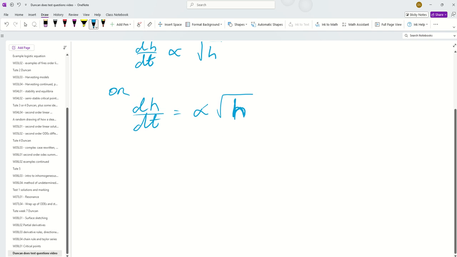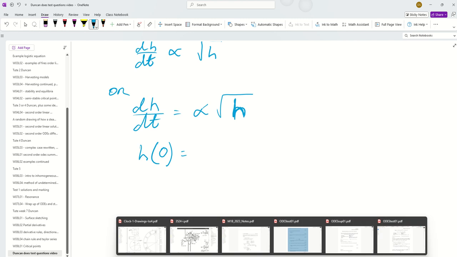Now to close this out, we can write down an initial value. So at time 0, when we're counting this from, let's find out what our initial value is. I've got multiple versions of the same thing open.